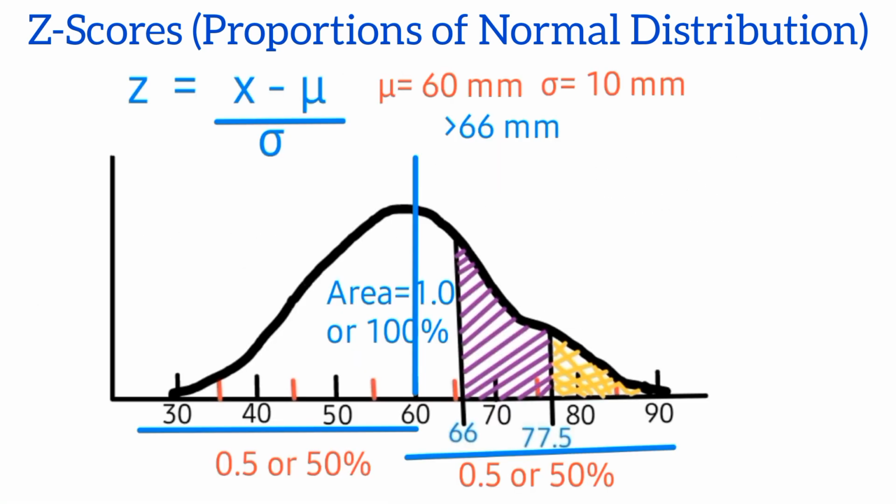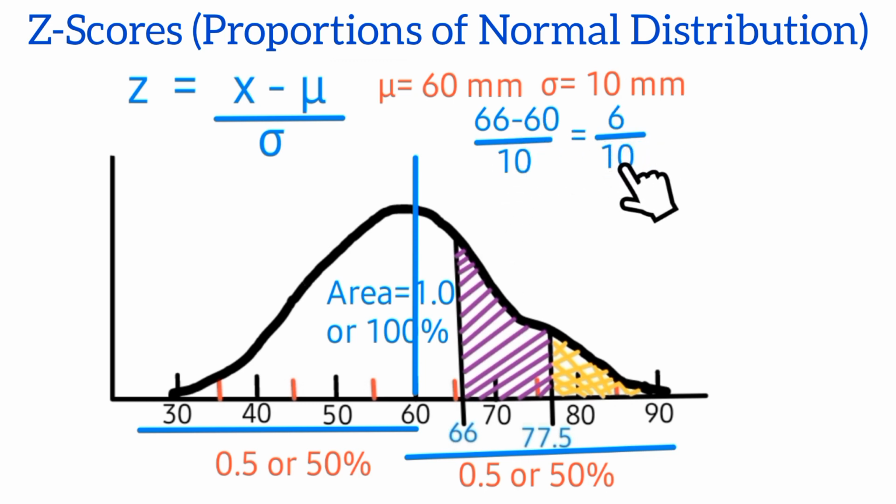So we determine the proportion that is greater than 66 mm by substituting 66 for x in our formula. So we have 66 minus the mean value being 60, and then divide by the standard deviation value. And so 66 minus 60, and then divide by 10, is 0.6. So our z value is 0.6.